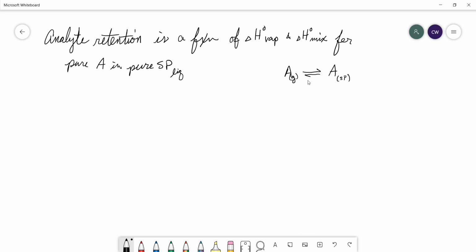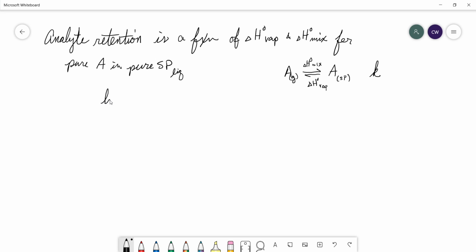So here we have our enthalpy of vaporization, and here we have our enthalpy of mixing. And we can manipulate this equilibrium, because we can understand that it is an equilibrium, and so it would have an equilibrium constant, K.